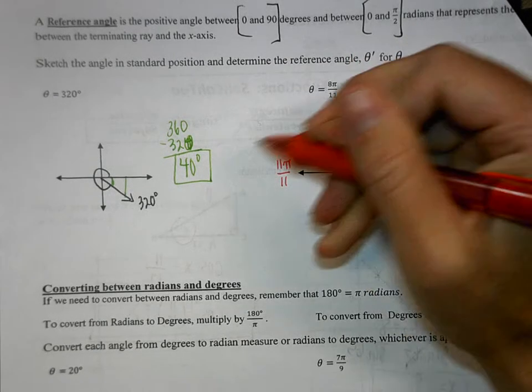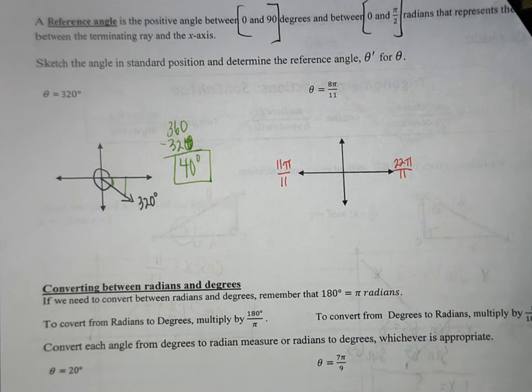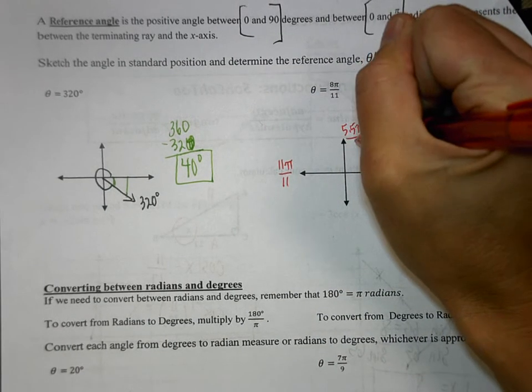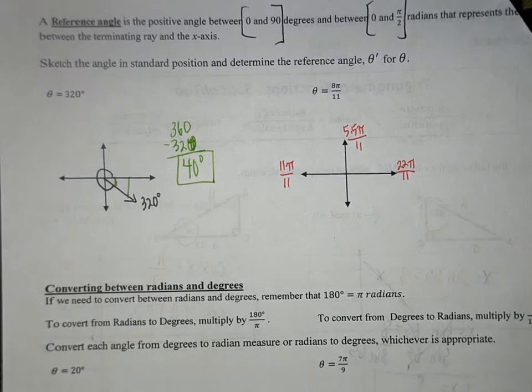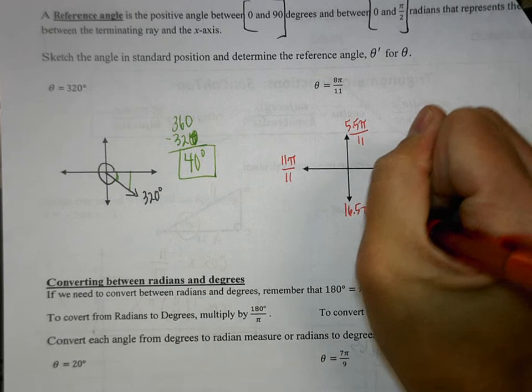And then remember, this is where we take 11 and divide it by 2, which would be what? 5.5. Very good. Then we add 5.5 to 11, and so the bottom one is going to be what? 16.5. Okay, 16.5 pi over 11.